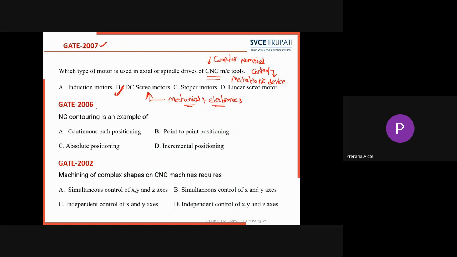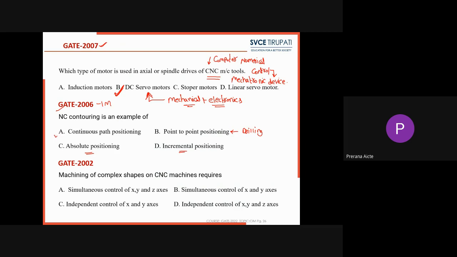Then in GATE 2006, the bit is asked for 1 mark. NC contouring is an example of dash. We have various types of machine tool control operations. Point to point positioning is used in drilling. Absolute positioning and incremental positioning are not related to this particular question.